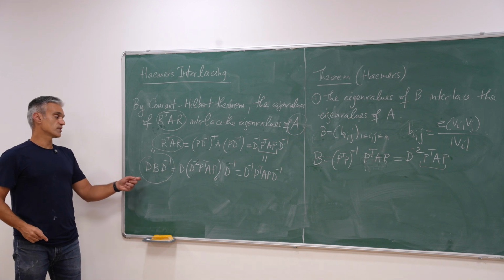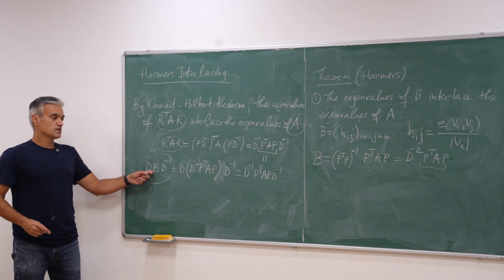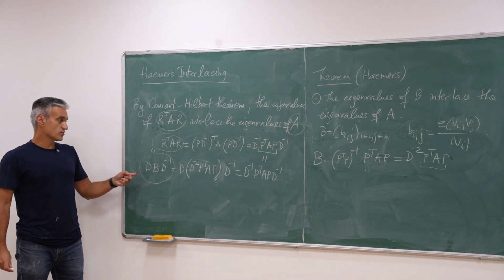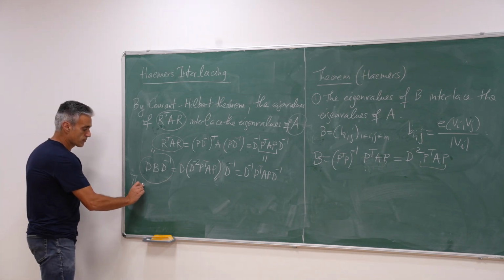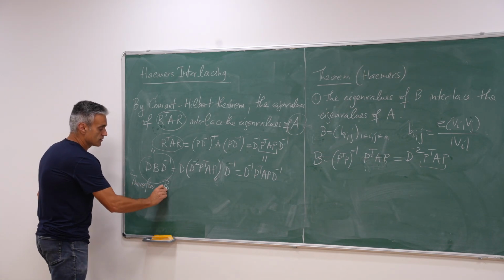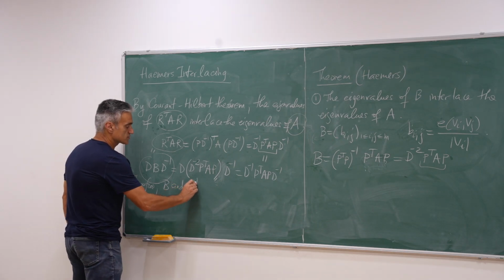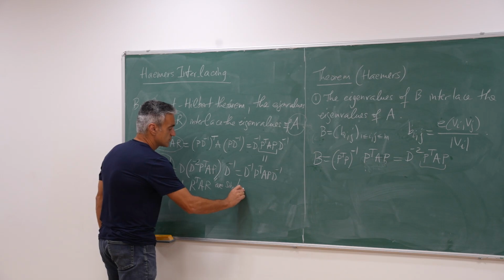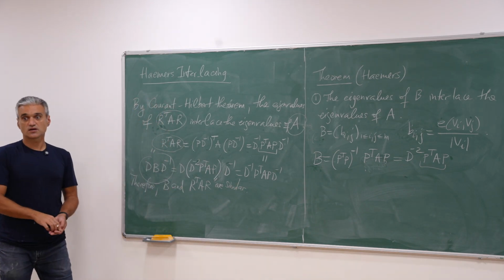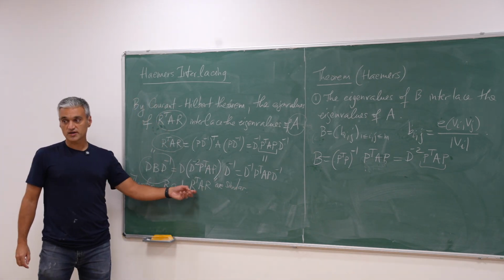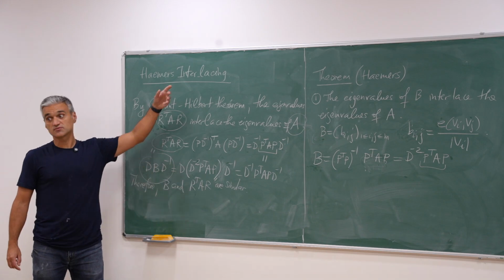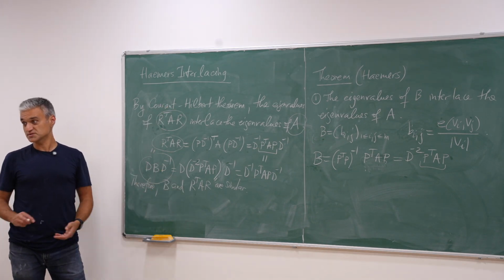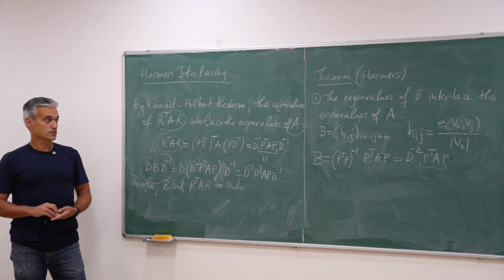So B and R transpose AR are similar. If they're similar, they have the same eigenvalues, and if the eigenvalues of R transpose AR interlace the eigenvalues of A, the eigenvalues of B will interlace the eigenvalues of A, because they're the same.